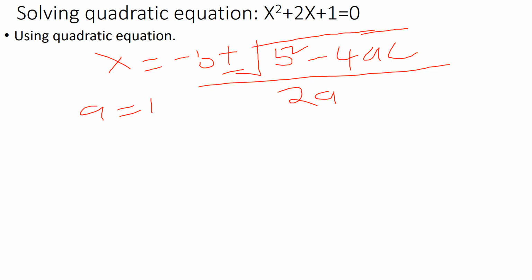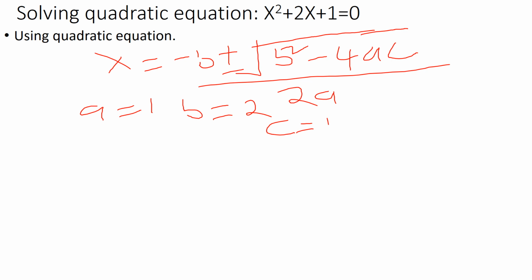squared, which is 1, and our b is equal to the coefficient of x, which is 2, and also we know that our c is equal to 1, which is our constant.